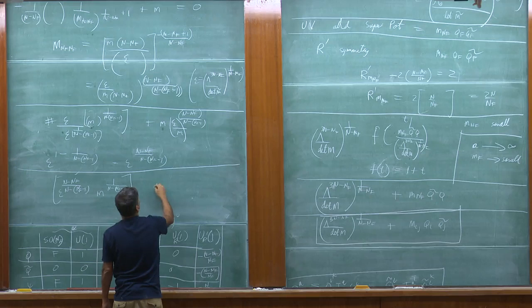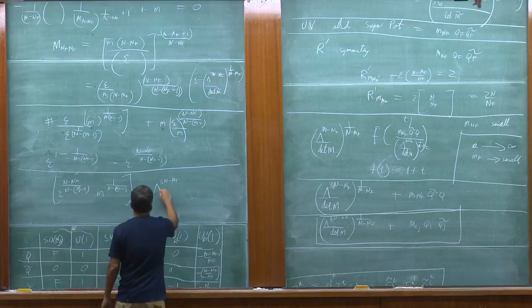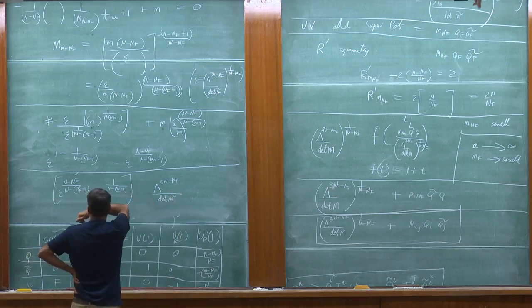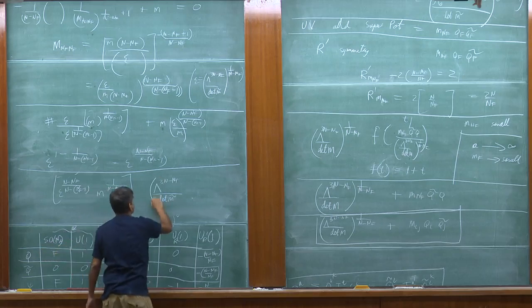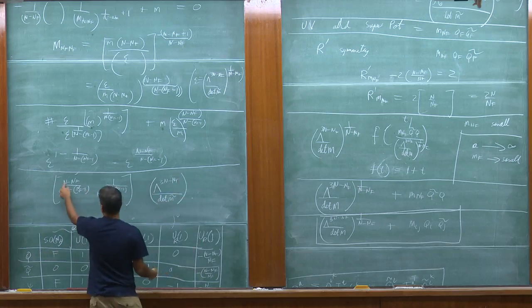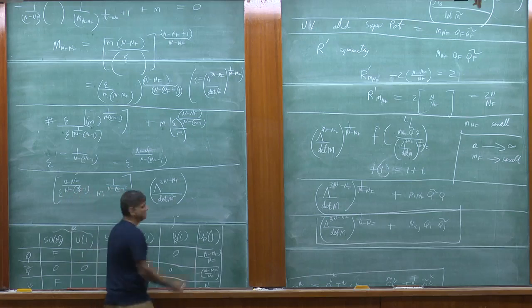lambda to the power 3n minus nf by det m tilde, times now the whole thing not to the power n minus nf but to the power n minus nf minus 1.